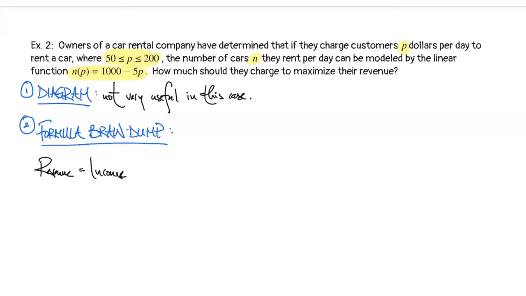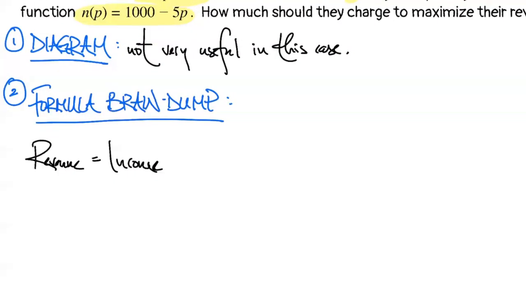And if they rent 0 cars, then they don't make any money. And so how could we turn the numbers that we did into a general equation for how much money they make in terms of P, their price?